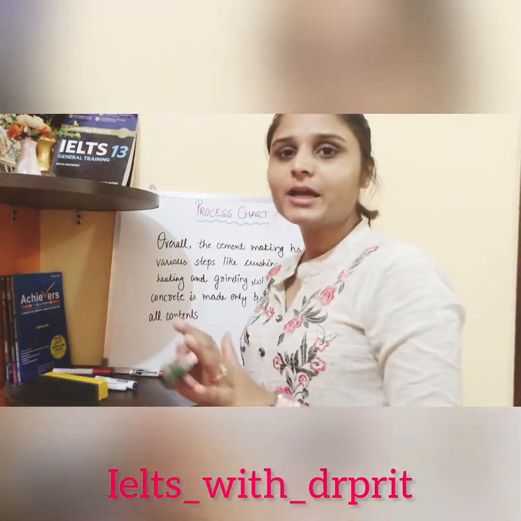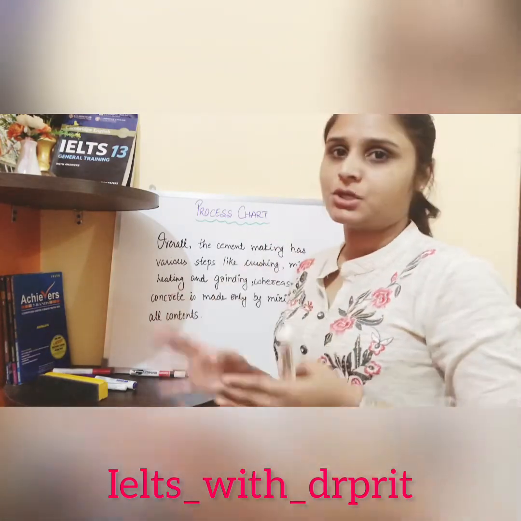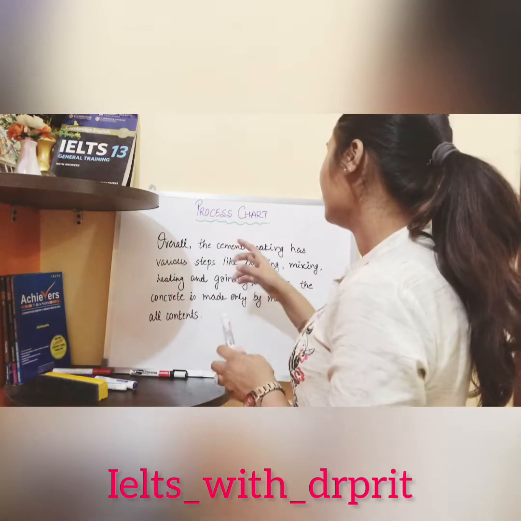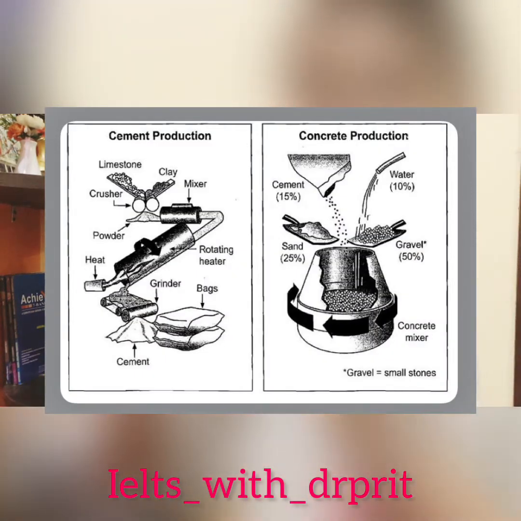So the second type of overall would be, here I would compare the stages. For example, you can see that in the first diagram there are various stages, like in the first stage they are crushing, then in the second stage they are mixing, in the third stage they are heating, in the fourth stage they are grinding and then packing.